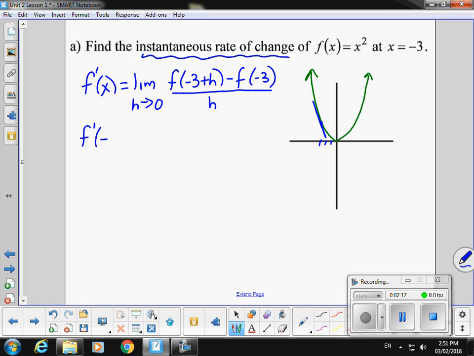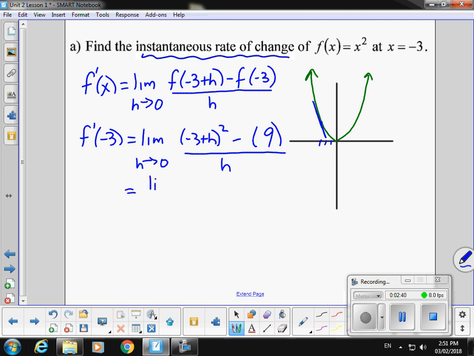F prime at negative 3 would be proper notation. Limit as h approaches 0 for negative 3 plus h squared, subtract the function's value at negative 3, which is 9. At this moment, I have my 0 over 0 indeterminate problem, so I'm going to use expanding to tidy that up and get rid of the 0 over 0 problem.